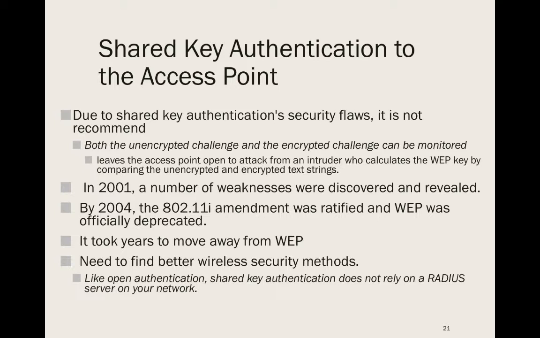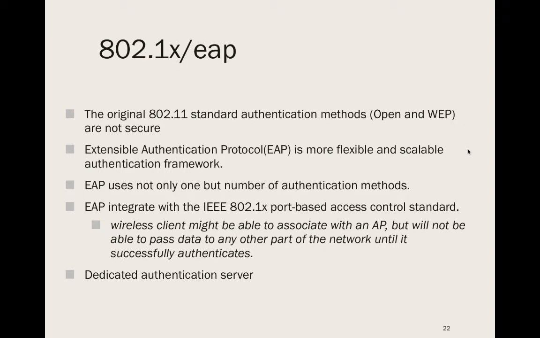We need to find better wireless security methods. Both open authentication and shared key authentication do not use a RADIUS server or any authentication server. So we have to find a method that uses a server to handle that, to make it more secure. To overcome the problem, 802.1X EAP was introduced. The original 802.11 authentication methods, like Open and WEP, were not secure.